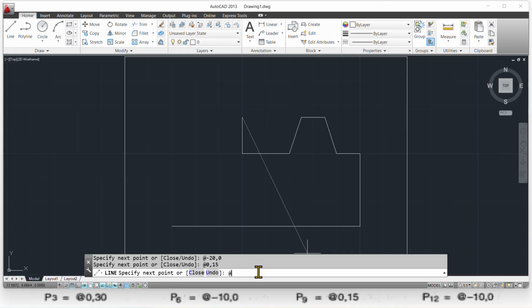After that we move again along the negative x axis, minus 20, with y value 0. Then we move downward: there is no x distance, but there is a y distance of minus 15. We are moving vertically downward, @0,-15.